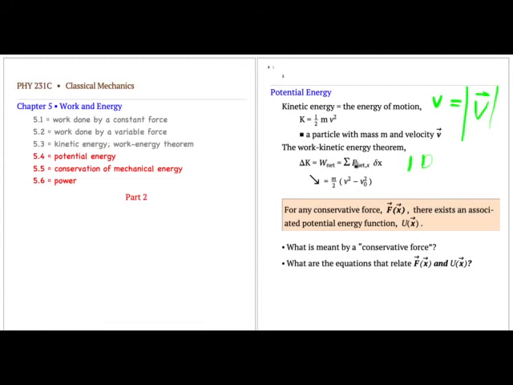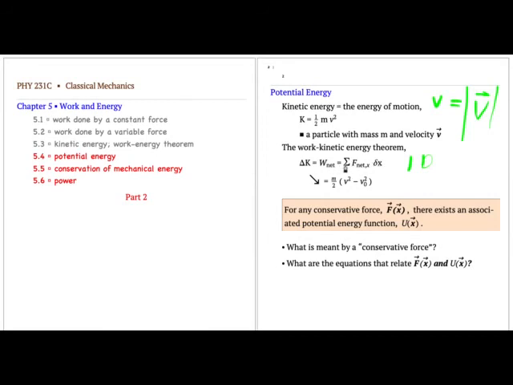If the force depends on x, is not constant, then you have to divide the interval from x0 to x into an infinite number of infinitesimal parts, calculate the work done on each infinitesimal part, and add up all those little tiny contributions to get the final work.